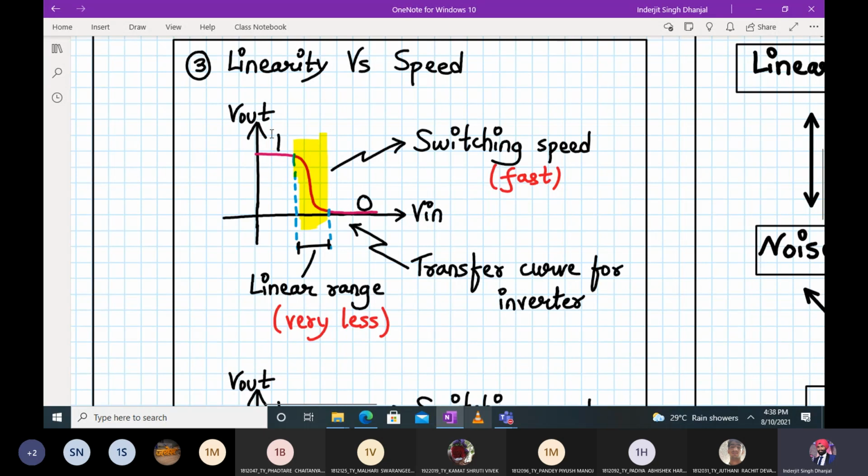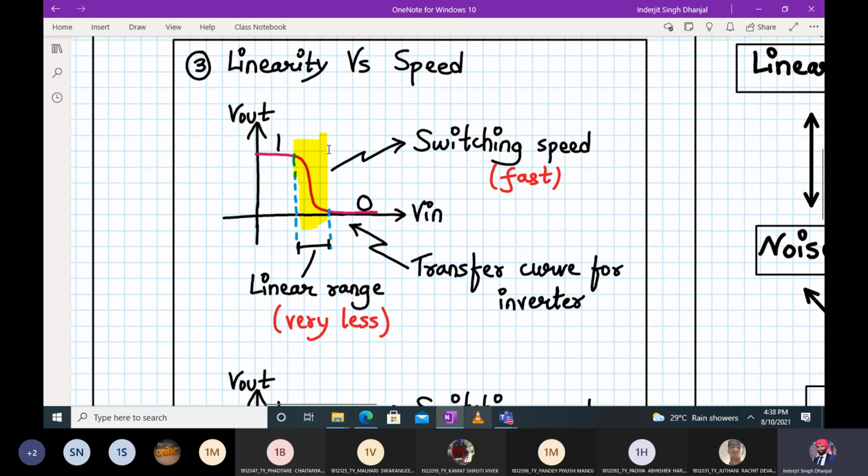Here in either case, if it is logic 1 or logic 0, we have very little change, because the output is either constant 1 or constant 0. But in this range, the output is falling drastically with respect to the input. So this is the switching speed, how fast it responds to changes in the input.